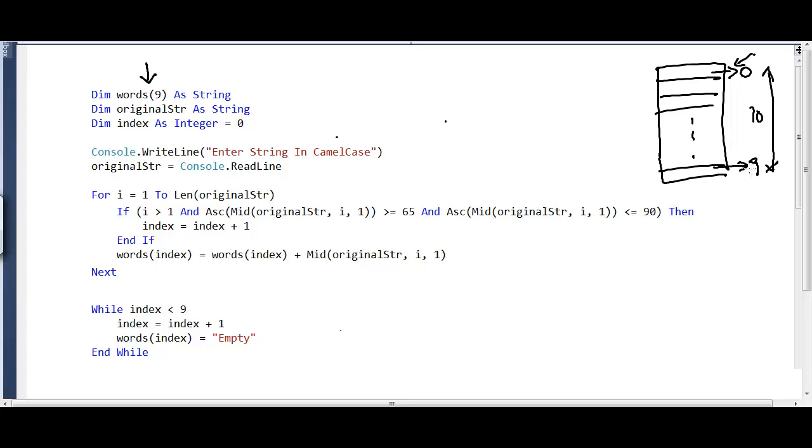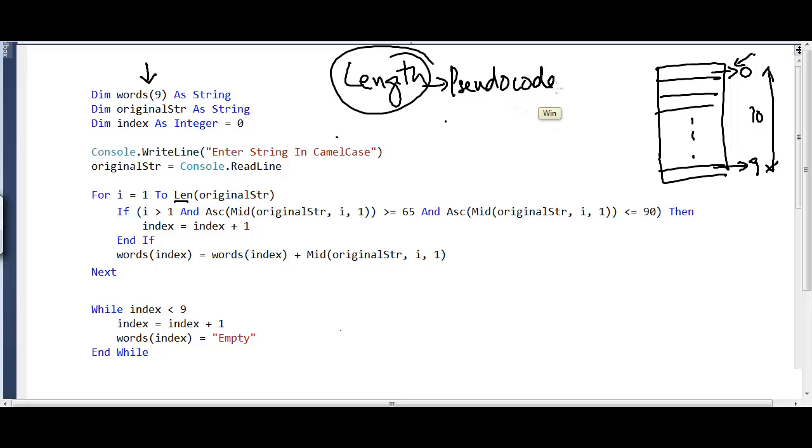Okay, now what are the other differences in this code? For example, here the function that we have used is len, instead of writing length, which we used to write in pseudocode. This was our solution in pseudocode, right? Instead of the length function, we are only using len.